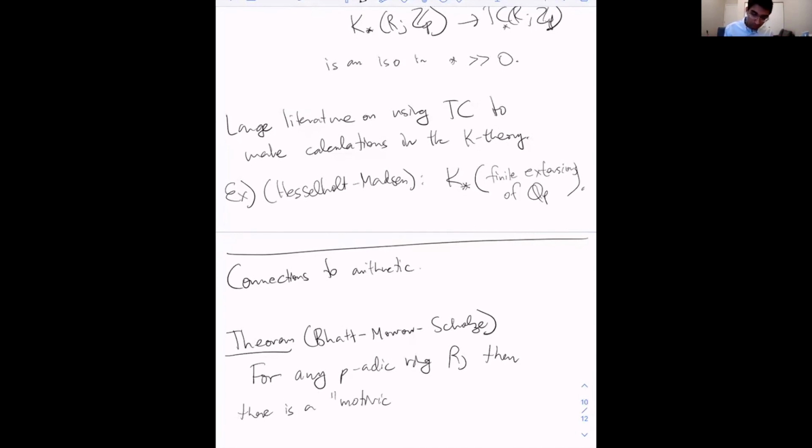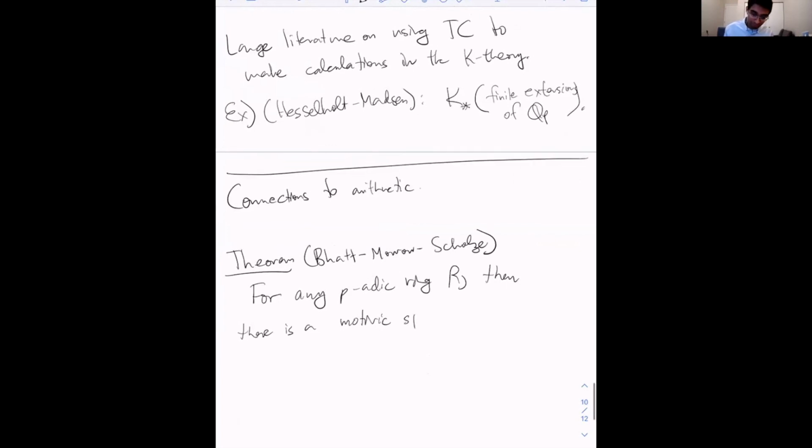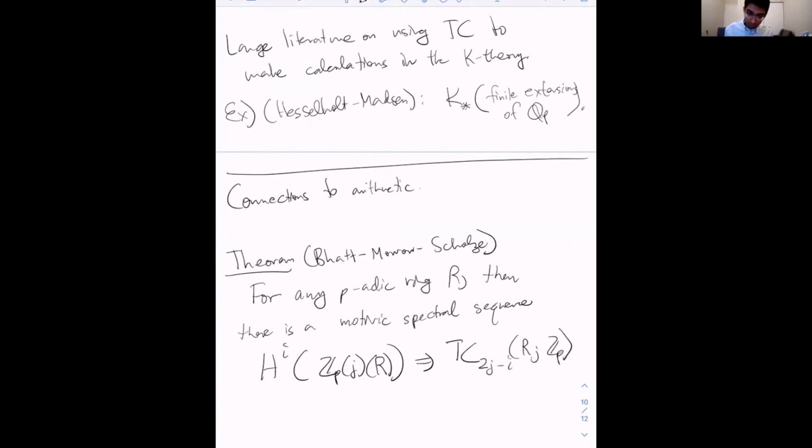motivic spectral sequence, sorry, I guess it's not exactly clear what the analogy is with. But anyway, there is a motivic spectral sequence which goes from the cohomology of a complex called Z_p(j) of R, and converges to TC in degree 2j minus i of R with p-adic coefficients.